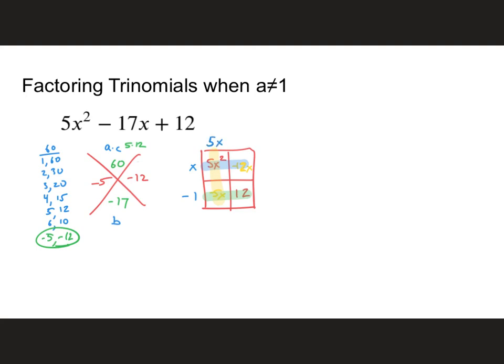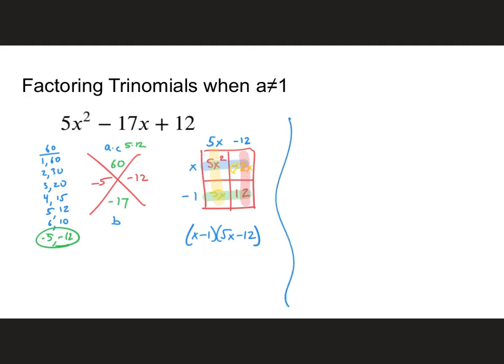And then finally, the last column, what do negative 12x and 12 have in common? And that, of course, would be a negative 12. And again, negative because the term right here is, in fact, negative. That's a negative sign right there. So this gives me my two factors, x minus 1 and 5x minus 12.